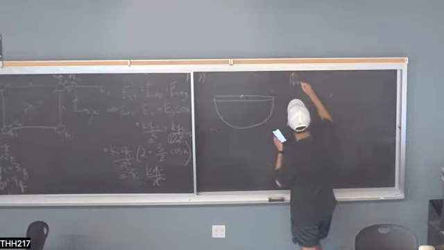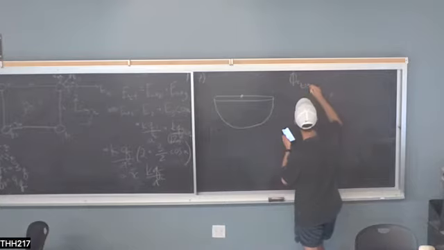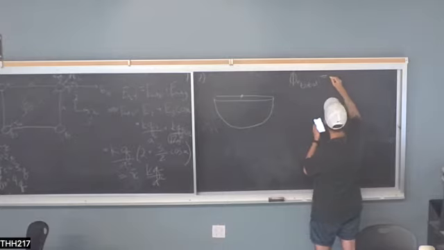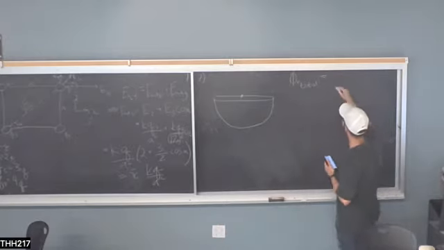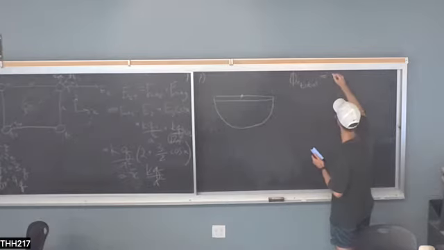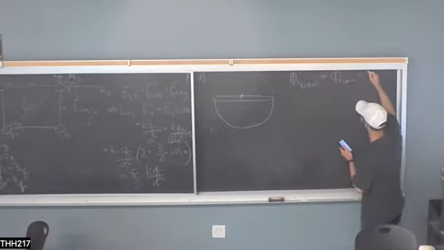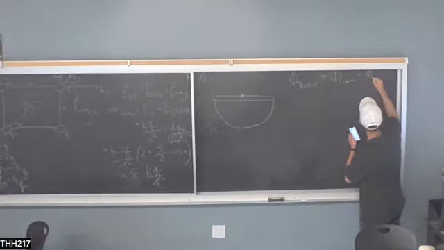So flux, I'm just going to call it total, is equal to the flux on the flat surface and the flux on the curved surface. So I'm going to say it is equal to the flux on the curve plus the flux on the flat.